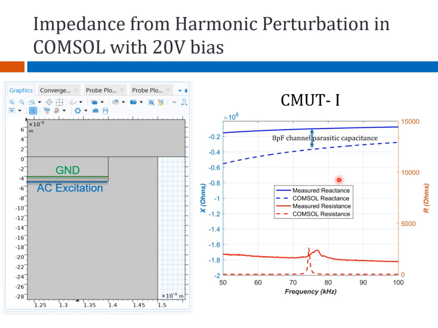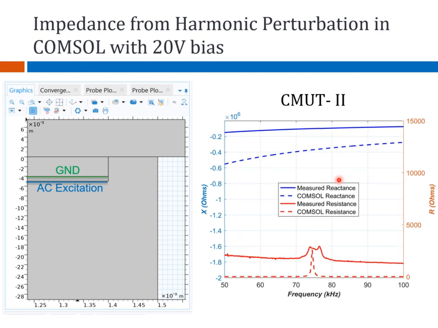Here's another CMUT. The same story repeats: about the same parasitic capacitance difference of 8 picofarad, but in the measured and the simulated resistance, you have the same baseline difference, which is suggestive of the vibrational dampings.